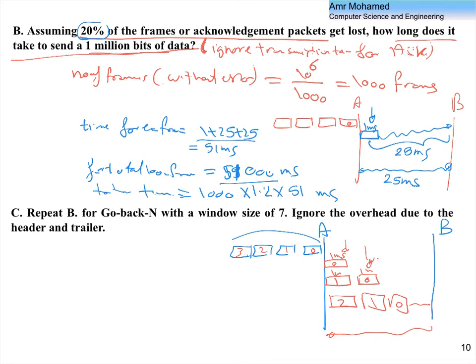The last acknowledgement has to propagate all the way back to A. Which means that the time for one window equals what? The window size is 7, so 7 transmission times, plus 1 propagation time, plus 1 propagation time for the acknowledgement to come back.